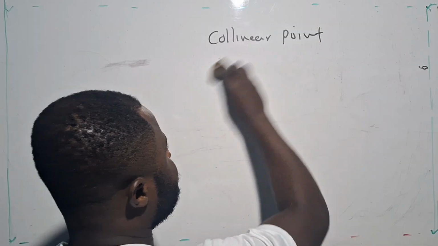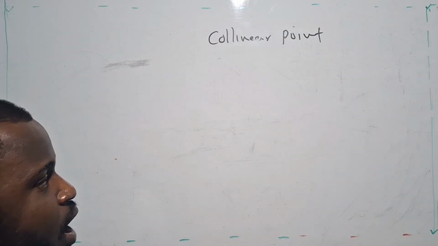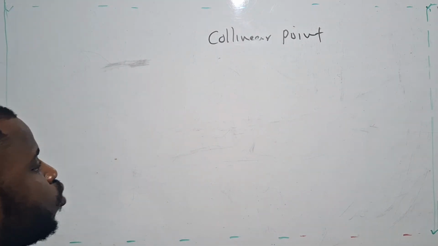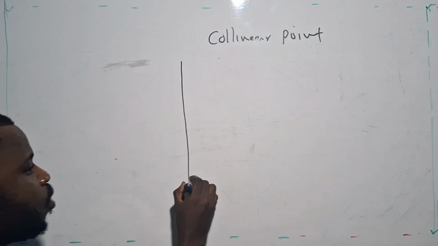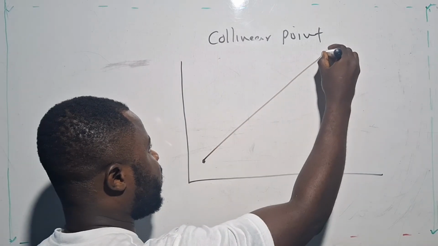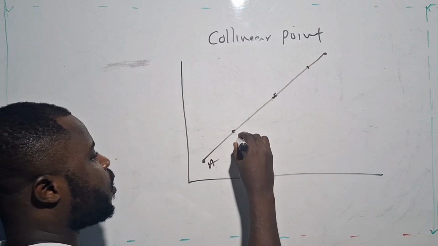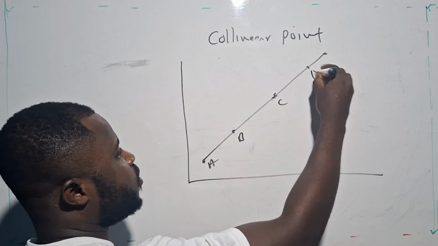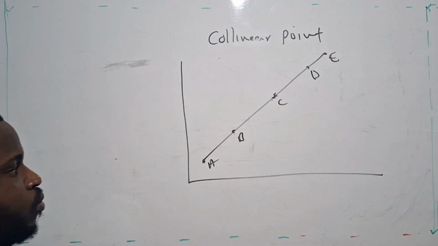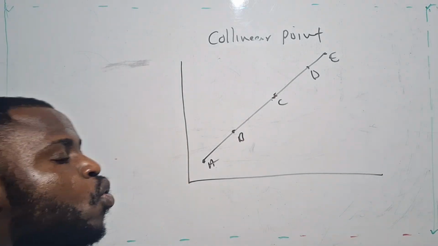Now, how do we determine if two or more points are collinear? They are collinear when they lie on the same straight line. So when you have your linear graph like this, and you have points A, B, C, D, and E, if these points are found on the same line, we say they are collinear.